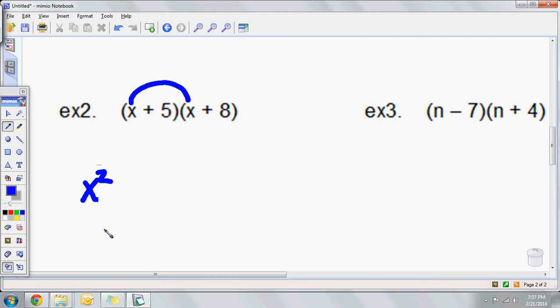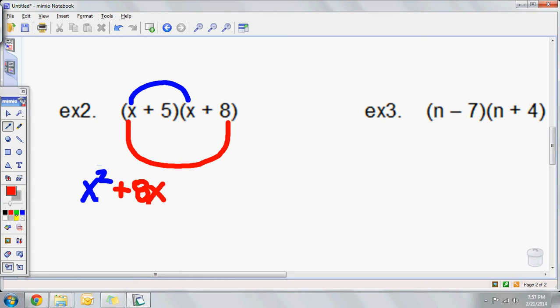Okay, the O stands for outer, so that is the outer two terms, the terms on the outside of the binomials, so that would be x times 8. If I multiply x times 8, remember the coefficient has to go first, so we're going to make that 8x.